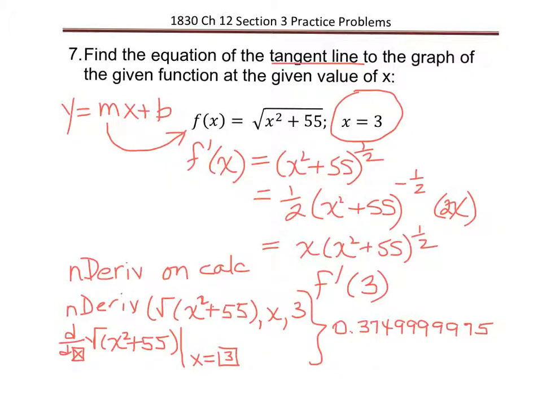Now, in truth, that is not exactly what that is. You should realize that that's going to be 0.375, which is going to be equal to your slope. You need to round that off to a reasonable looking number. So your slope is going to be 0.375.